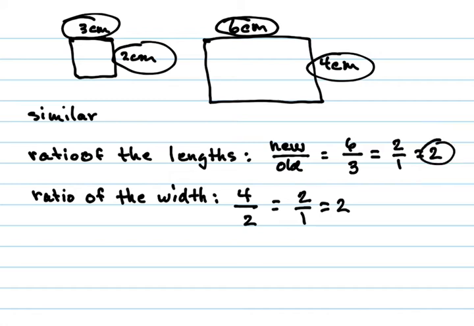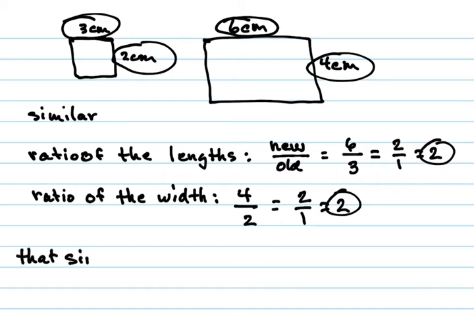And notice that the ratio of both of them simplified to give you exactly the same number, right? If it doesn't, then you've done something wrong. Okay? They'll always give you the same number.